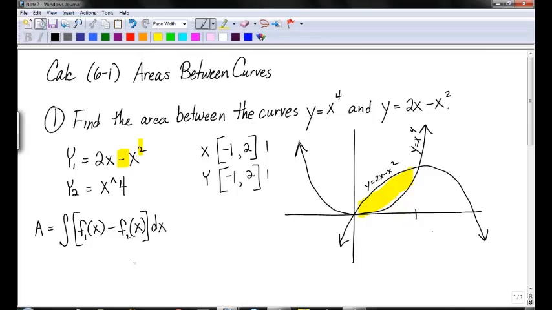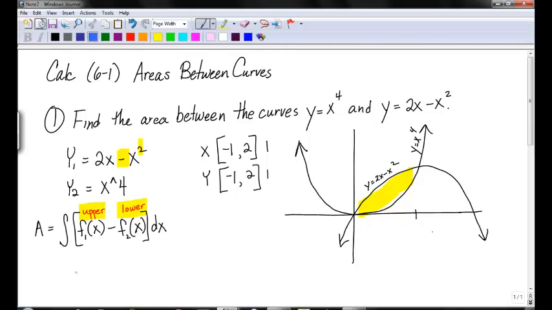Now, this is the critical part of this. The first one, and I would highlight it or star it, is the upper graph. That's why it's important that you label them. Then you're going to subtract the lower curve. That's probably the most critical part about this.